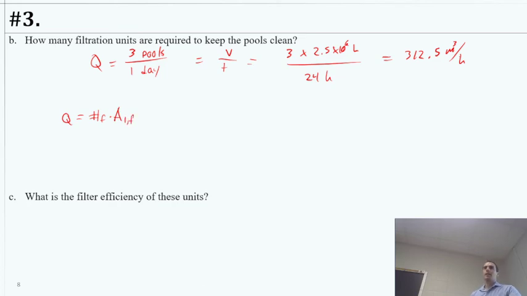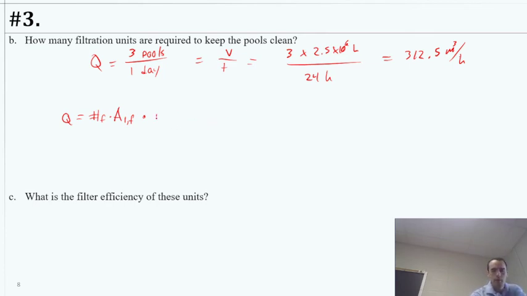You could also write those two combined and say the total filtration area. The total filtration area is going to be the number of filters times the area of one, right? So it doesn't really matter too much how you express that, but it should be intuitive that those two are the same thing essentially.